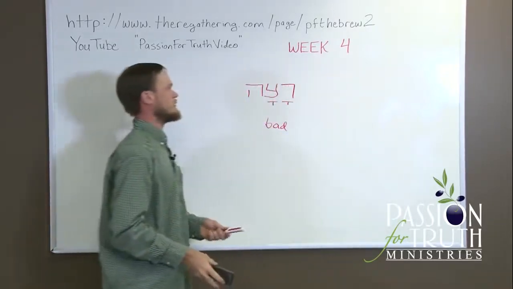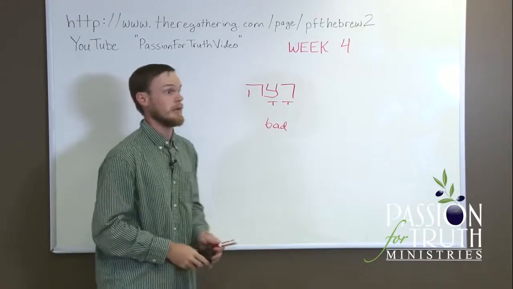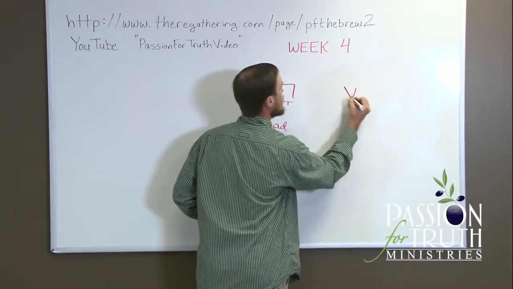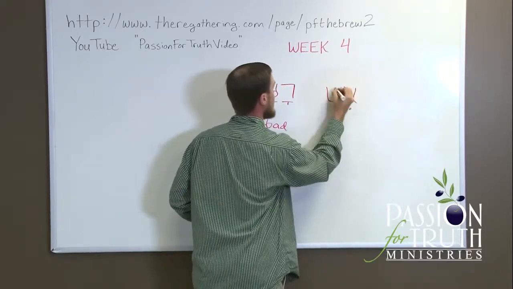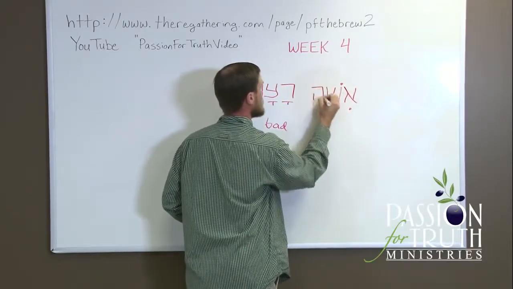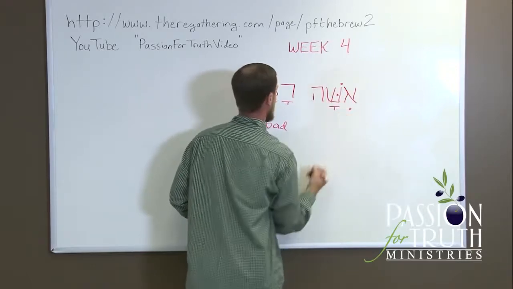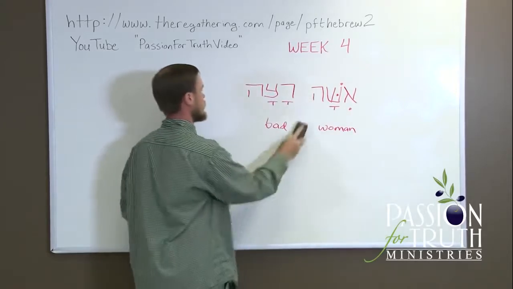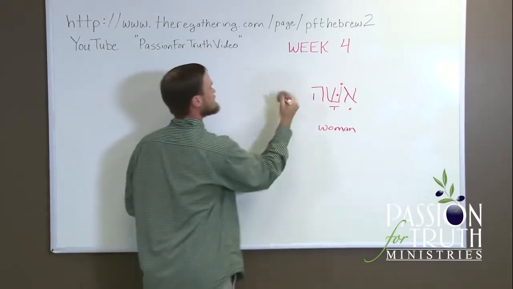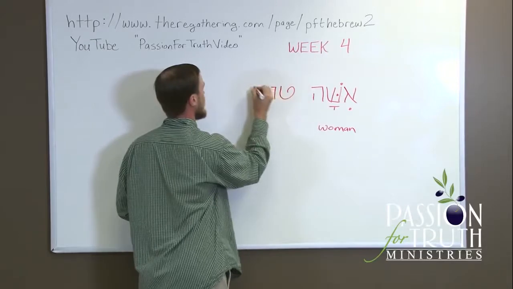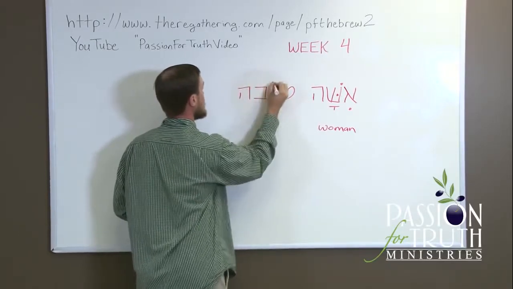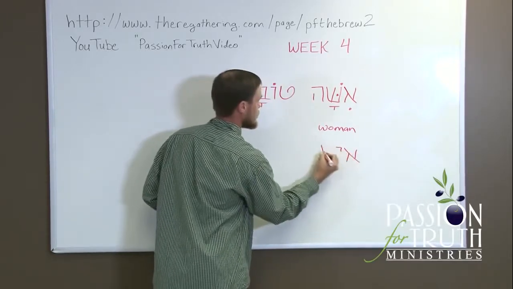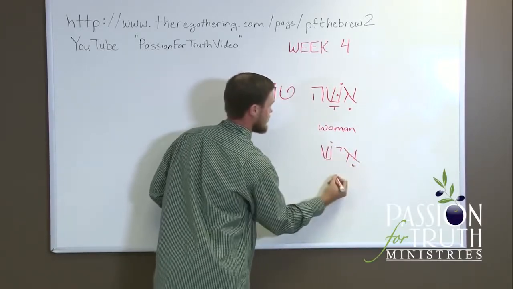So for example, if I were to speak of a bad woman, not that there are any, but if I were to speak of this hypothetical entity, woman, isha, ends in kamatz hey, as do many feminine nouns. Okay, so a bad woman would be isha ra'a. Or let's just change that to good woman. Isha tova, okay, a good woman. Whereas a good man is ish. Ish is man.